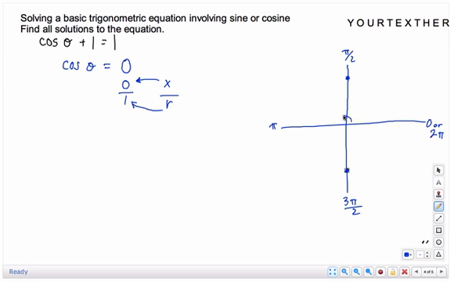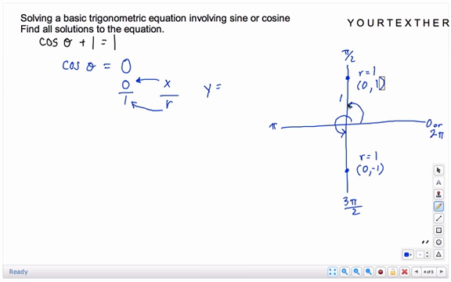Okay, so we're looking at theta at these values, because if x is 0, then y has to be the same distance as r. So r is 1, x is 0, y is negative 1. This one is r is 1, x is 0, y is 1. So we have our values here, pi over 2 and 3 pi over 2.